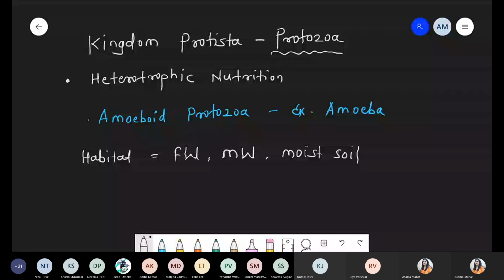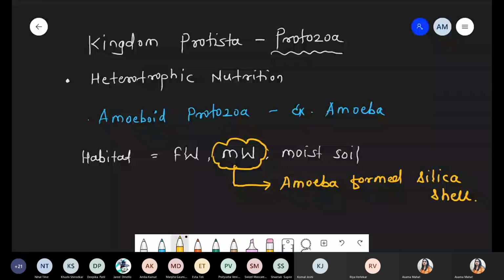That's why it's also called diatomite or diatomaceous earth. The body is quite hard and gritty, and that's why it is used for filtration and polishing purposes. The same scenario is present in case of amoeba: in marine water amoeba, the shell is silica.